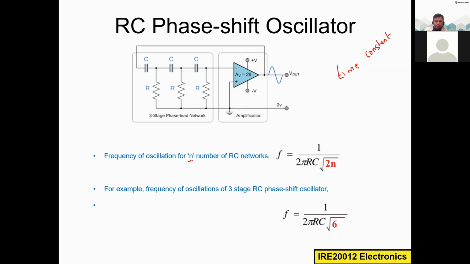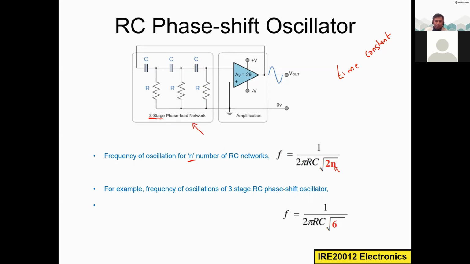But here we should remember how many stages we are using in the feedback network. For n number of RC networks, the formula is 1 divided by 2 pi RC square root of 2 times n, where n is the number of RC networks. But in our circuit, how many stages do we have?